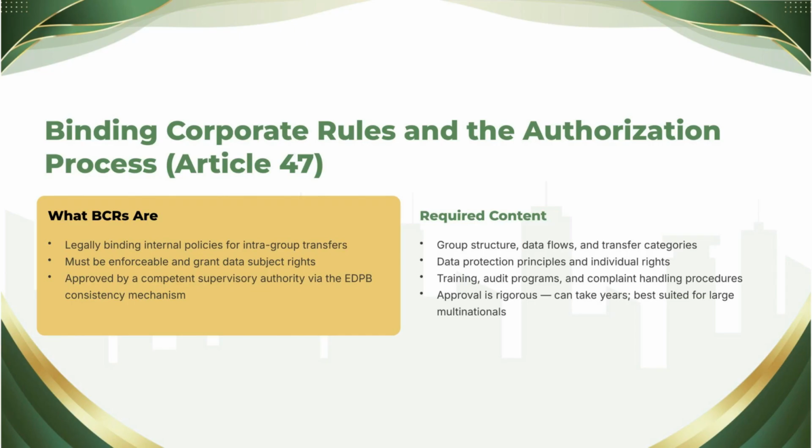Individuals can invoke the BCRs directly. Acceptance of liability. Typically, the EU headquarters answers for violations by any group member anywhere. Training programs, complaint mechanisms, audit programs verifying compliance, and a duty to report legal conflicts. If a member's local law blocks compliance, headquarters and regulators must hear about it.